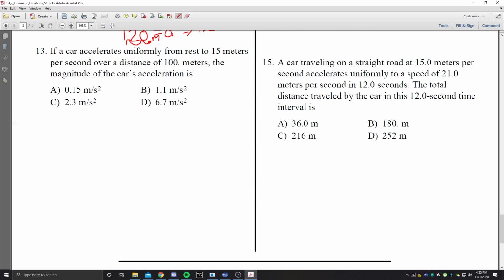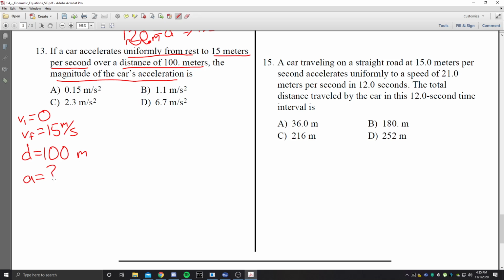Number 13. A car accelerates uniformly from rest, VI is 0, to 15 meters per second over a distance of 100 meters. The magnitude of the car's acceleration is what?